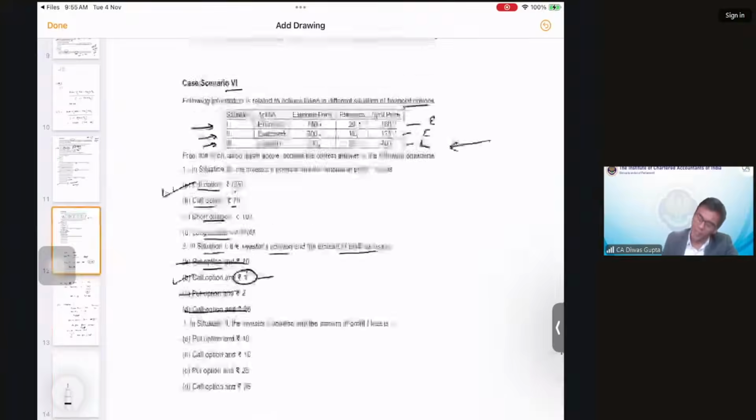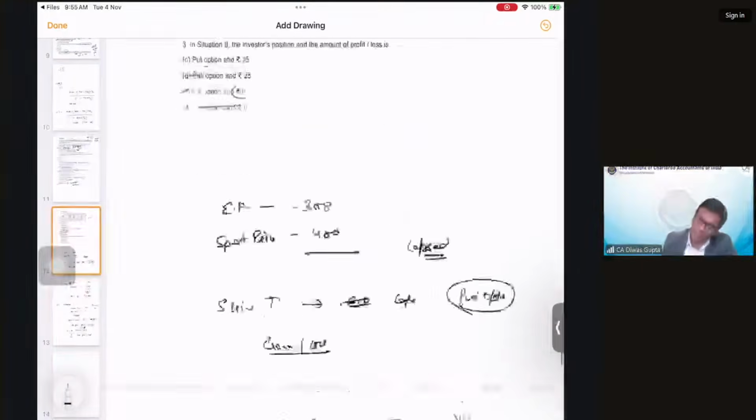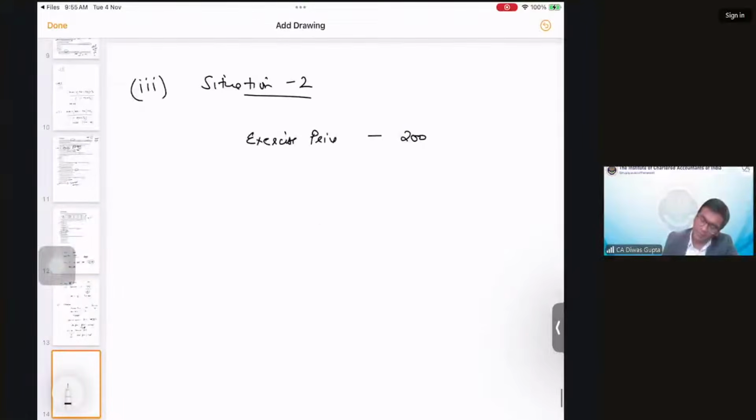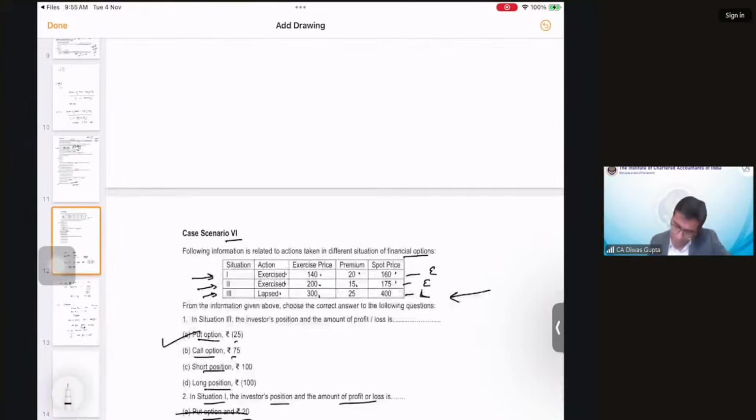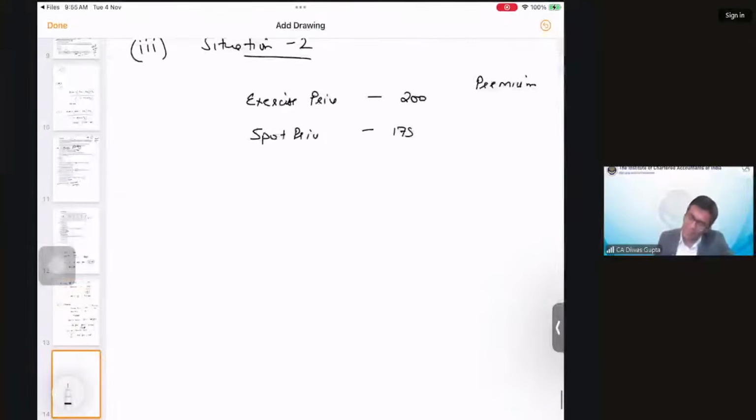Exercise price is 200, and spot price 175. Premium is 15 and it is exercised.